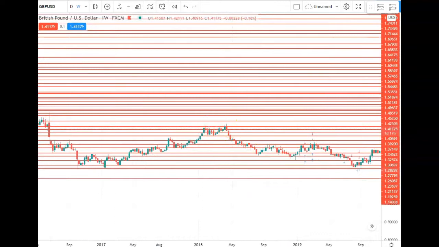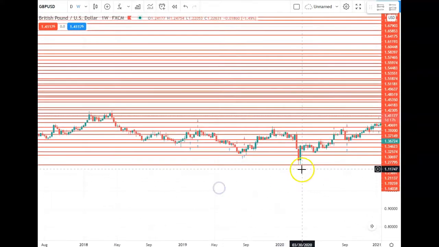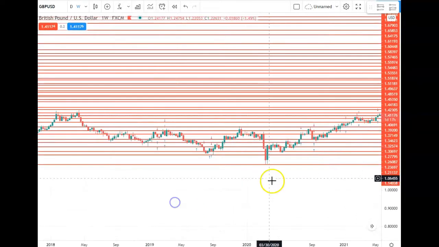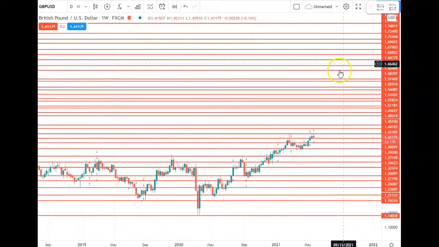We got a little wick right there, and even if it's close, I'll go ahead and label the wick. And now we're in this range, and look, we came down and broke to a new low, and this is where we are right now. Okay, so we've got this covered, and I'd like to save this.